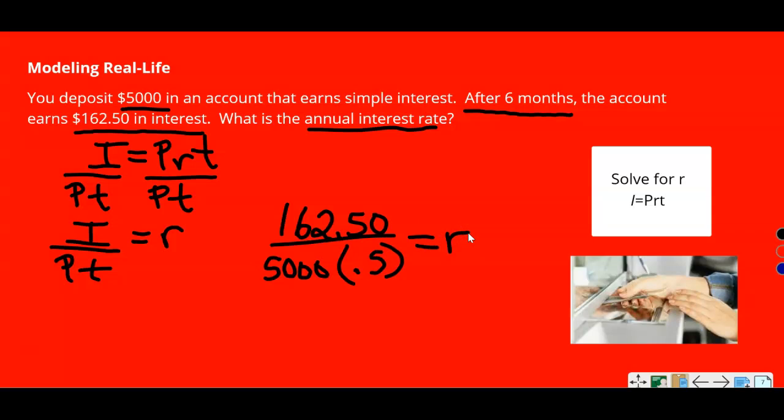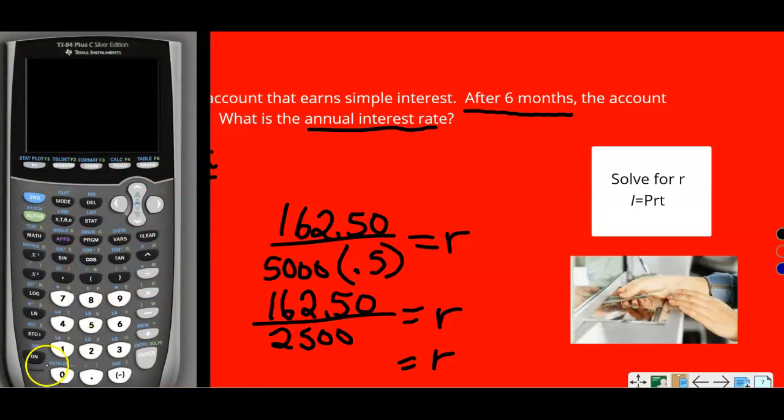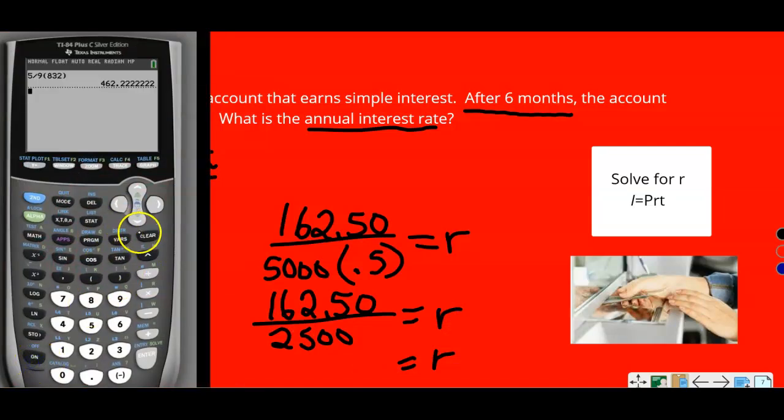All right, so let's say $162.50, and then 1/2 or 0.5 times 5,000 is 2,500. So I'm going to take my calculator and figure out what 162.50 divided by 2,500 equals 0.065.